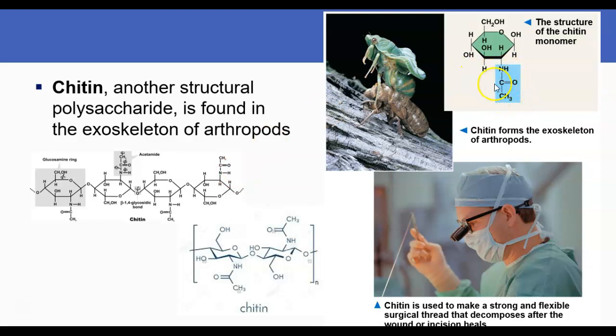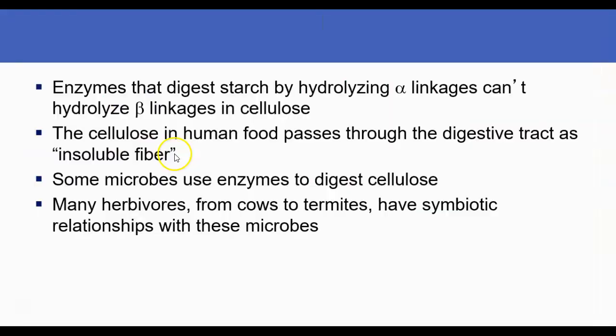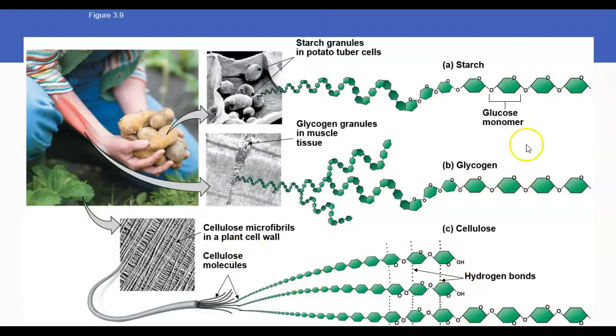You need to now be able to recognize these different functional groups based on their chemical formulas or their structural formulas. But again, there's 4 types of polysaccharides you need to know. 2 of them are structural, that's chitin and cellulose. And the 2 for energy are starch, long, no branching, and glycogen, long and branching.